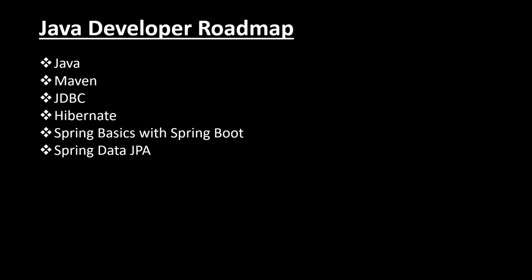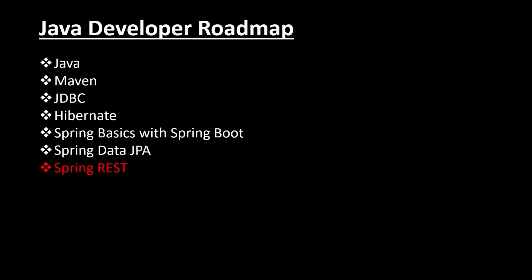Then post that, in the next playlist, that is Spring Data JPA, we are going to learn how to interact with the database using Spring Boot. It's basically a dependency within Spring Boot, and that is going to be used here. As you can see, Spring Basics with Spring Boot is going to show us mainly the service layer, and Spring Data JPA is going to tell us about the repository layer.